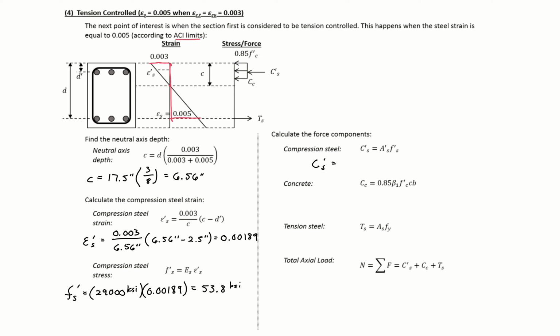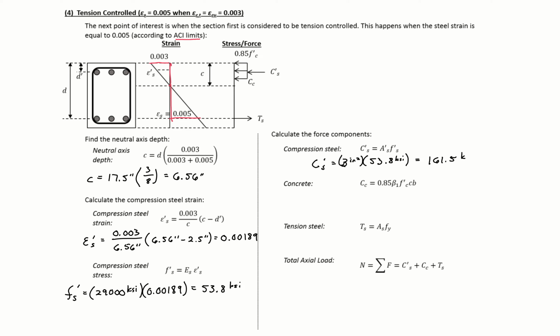We then take this stress times our area of our steel, so 53.8 KSI times 3 square inches to give us our force component here of 161.5 kips. We can then find our concrete force component.